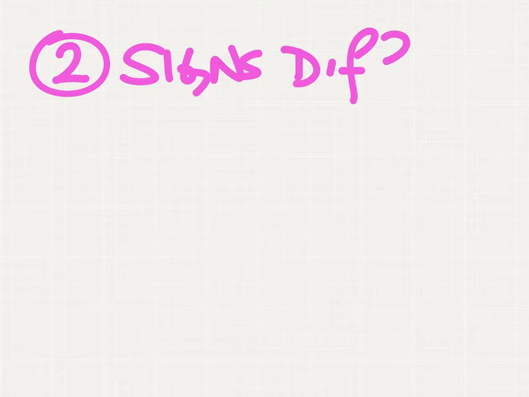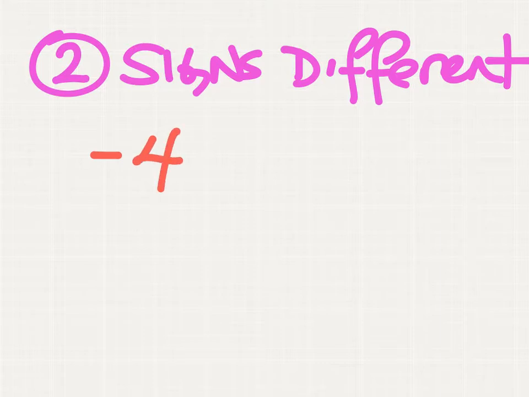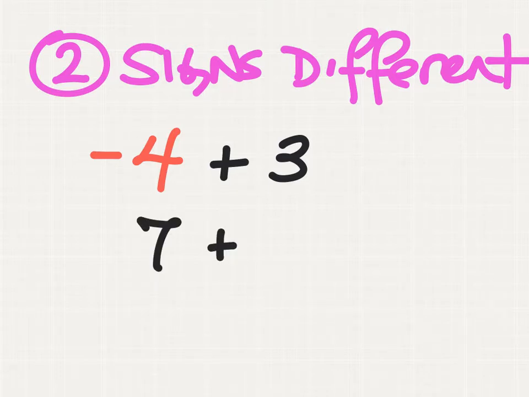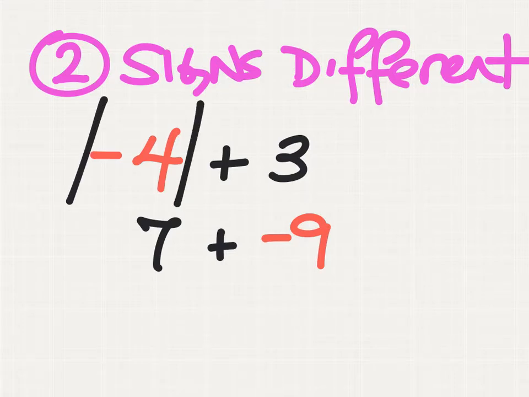If my integers happen to have signs that are different, they do not share the same sign. So I have negative 4 plus 3, or if I have 7 plus negative 9, then I'm to take the absolute value of each integer. So the absolute value of negative 4 is 4.